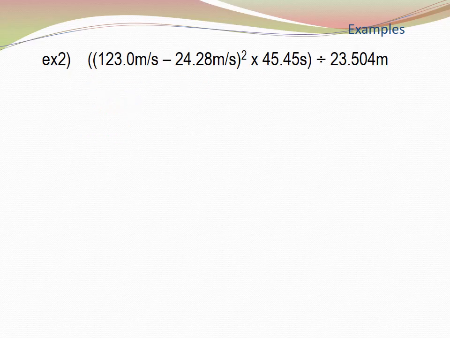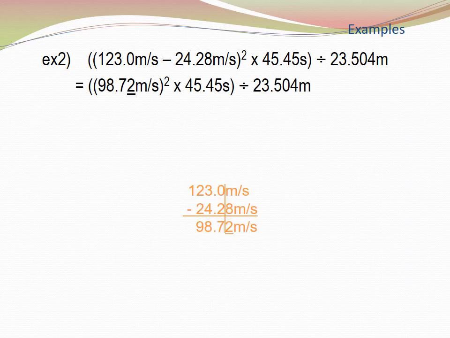Example 2. I'm going to start by dealing with what I have inside the brackets. It's subtraction, so I have to put it into columns. Top number has 4 significant figures running out after the 0. Bottom number has 4 significant figures running out after the 8. As I go from left to right, it's the top number that runs out of significant figures first. So when I drew my round off line, the 987 is significant, but the 2 is not, so I underlined it when I substituted it back into my equation.